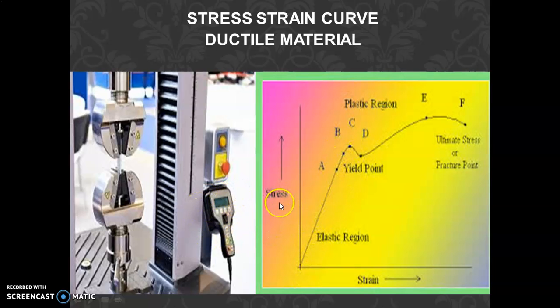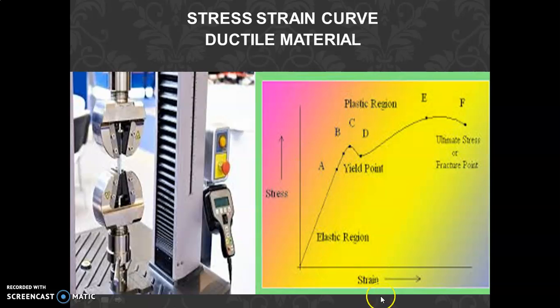So initially, as this force starts to increase, my cross-sectional area remaining constant, and force increases, stress starts to increase. And already in Hooke's law we have seen that stress is directly proportional to strain, and this happens up to the elastic limit.